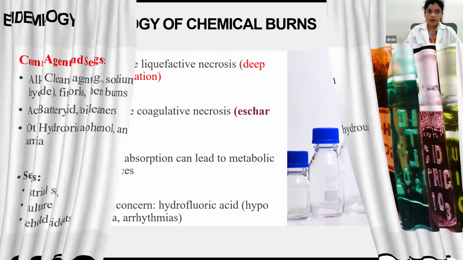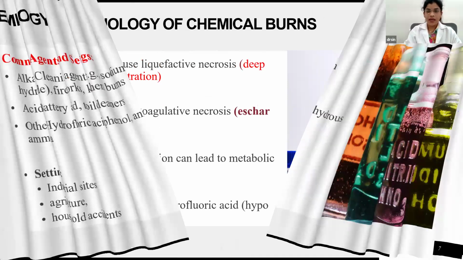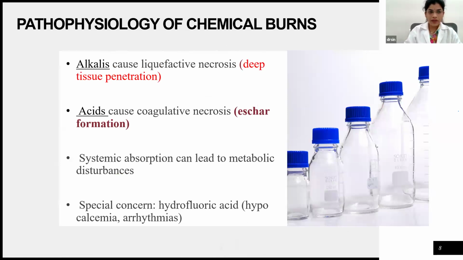Coming to the pathophysiology of chemical burns, to keep it simple, alkalis cause liquefactive necrosis, resulting in deep tissue penetration, whereas acids cause coagulative necrosis, leading to eschar formation.